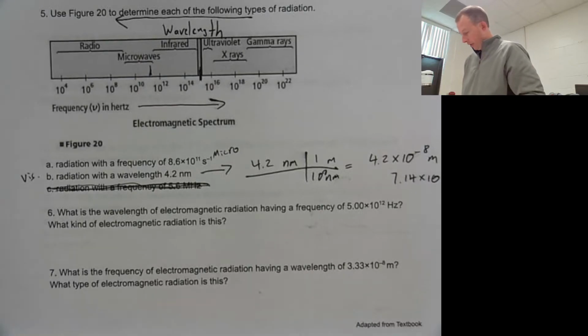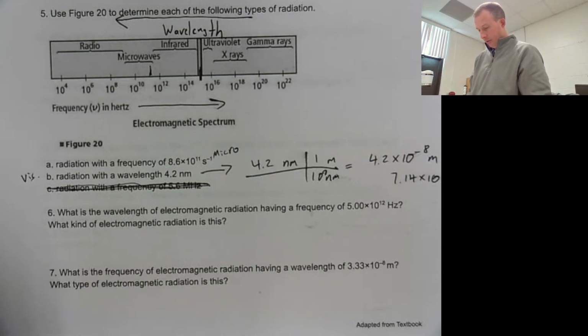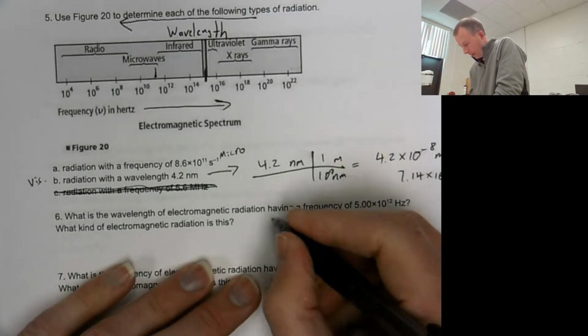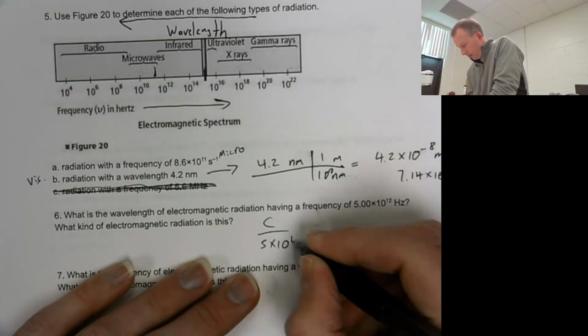What is the wavelength of this frequency? It gives you a frequency, so you're basically just doing C divided by 5 times 10 to the 12th.